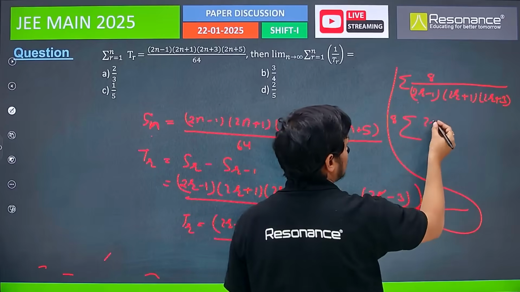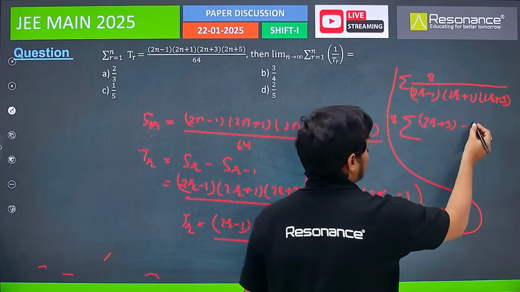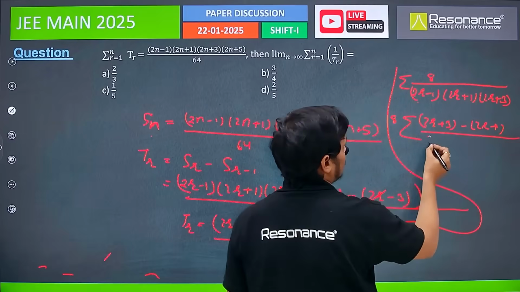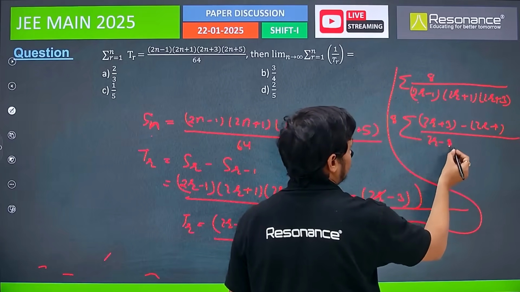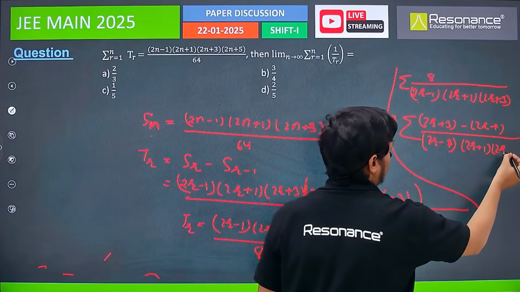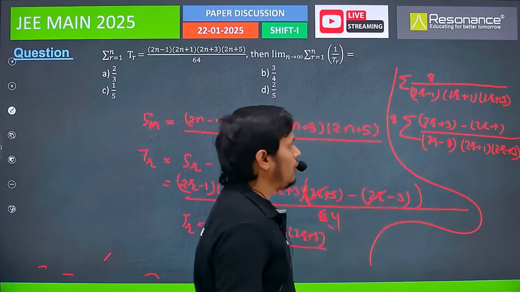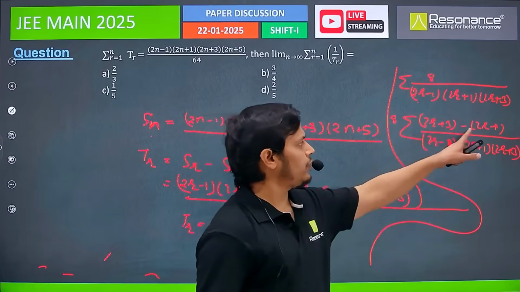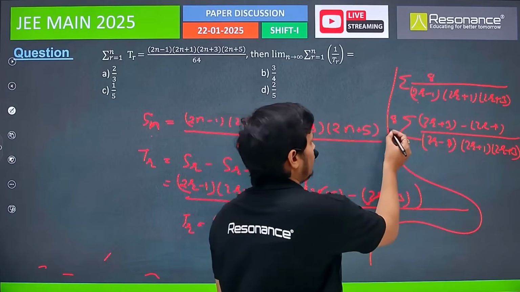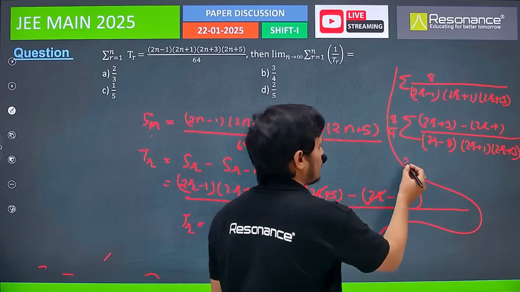So I will write this one as (2r plus 3 minus (2r minus 1)) by (2r minus 1) into (2r plus 1) into (2r plus 3). Okay, if you simplify this numerator, you will get 4 only, but actually there was 8, so I need to divide by 4. This one is 2.